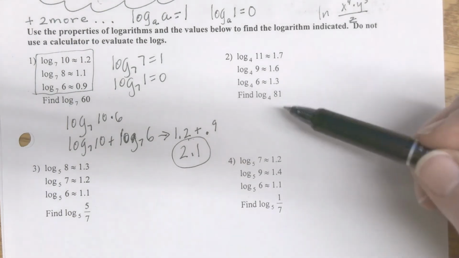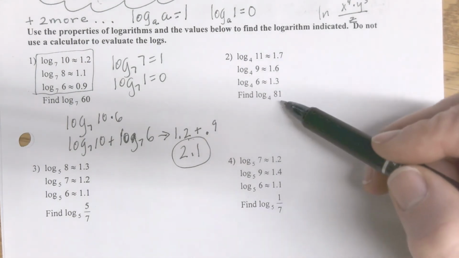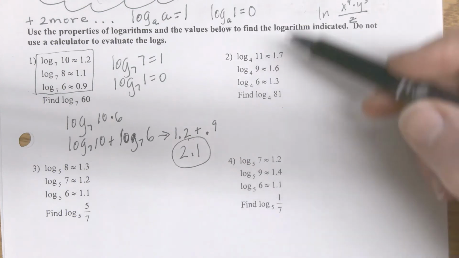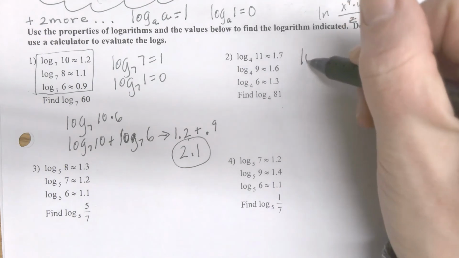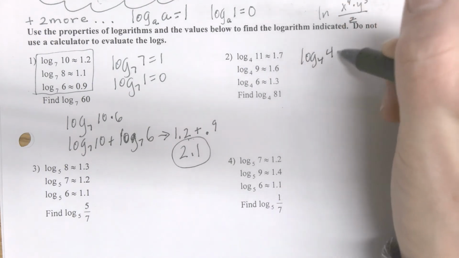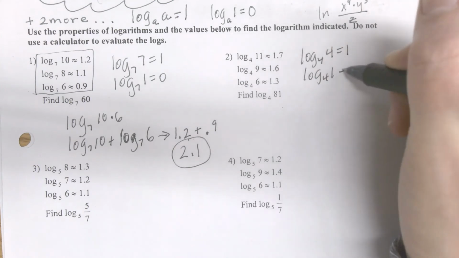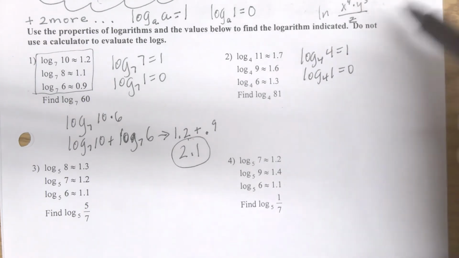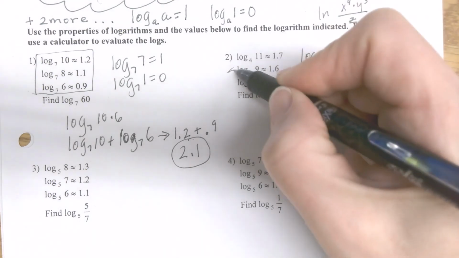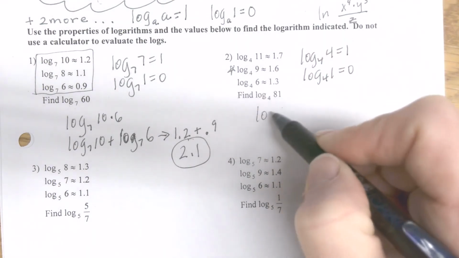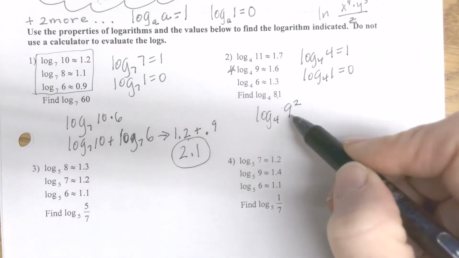But our goal, again, is to play around with the numbers and see what we can come up with. So on this particular problem, the next one is the log base 4 of 81. Again, what I want to do is try and rewrite using what I have, or if I need to, I can use the log base 4 of 4 is 1, and the log base 4 of 1 is 0. If I need to add those on, I will. But it looks like I can use just this second one here, because I can write this as the log base 4 of 9 squared, because 81 is 9 squared.